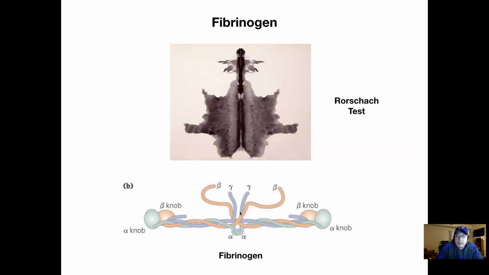So there's three, and then the alpha, the green parts have this knob, that's just like a domain. But these alpha, beta, and gamma are different chains. So they're different peptides, right? They're not covalently bound to each other. They're actually different proteins that are associating with each other at the 4-degree quaternary level.